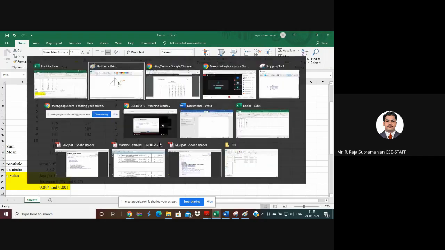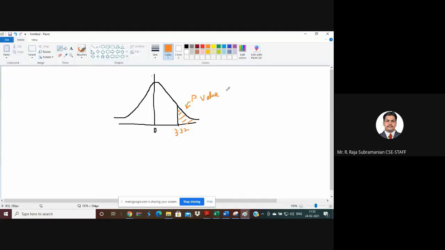So I say the p-value is 0.0052 to 0.001. It is an approximate value, right? When you do this in software, you will actually get 0.008, because this is an approximate measure.